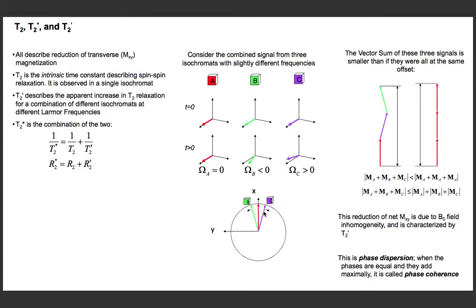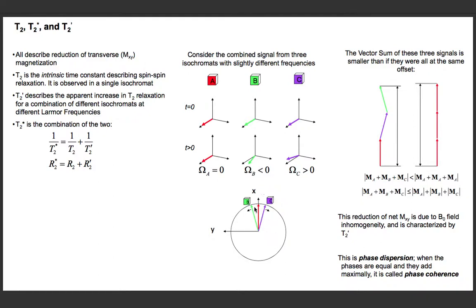So if you look at those vectors and how they might add up, B and C are coming a little off resonant, the phases are accumulating. And if you were to take the vector sum of all those 3, as I'm showing over here, you would notice that the total vector sum of these is less than as if they were all phased together. And that's really what this phenomenon is. It's incoherent summation of these things. And we call this phase dispersion.